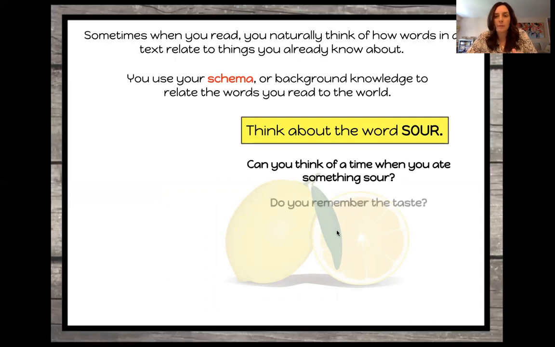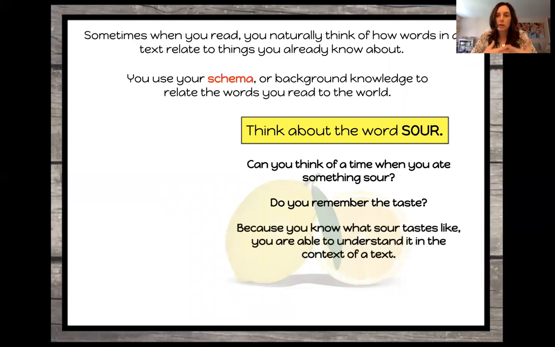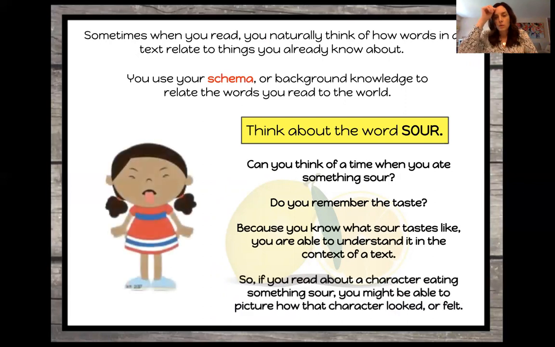Lemons are pretty sour. Do you remember how sour tastes? Because you already know what sour tastes like, you're able to understand it in the context of a text. So if you read about a character eating something sour, you might be able to picture how that character looked or felt while they were eating the sour thing, because you have had the same experience.